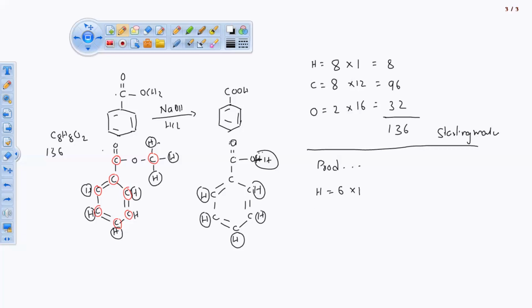Now carbon atoms, 1, 2, 3, 4, 5, 6 and 7 carbon atoms.